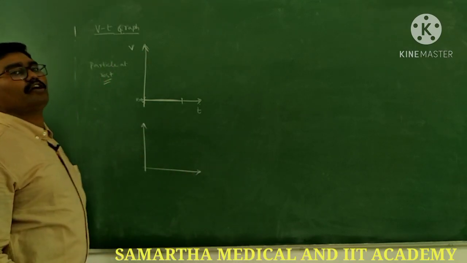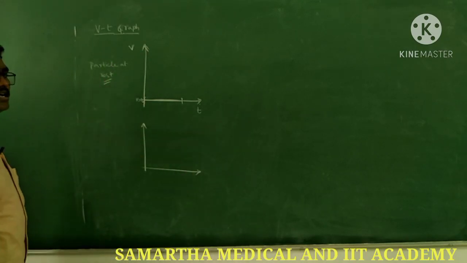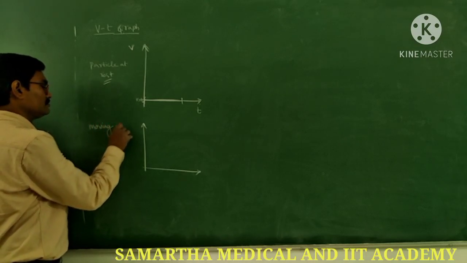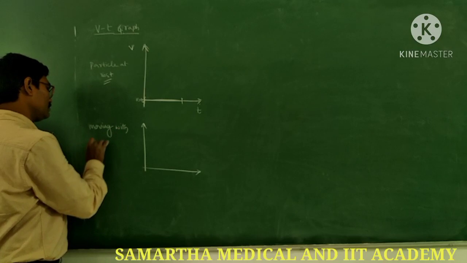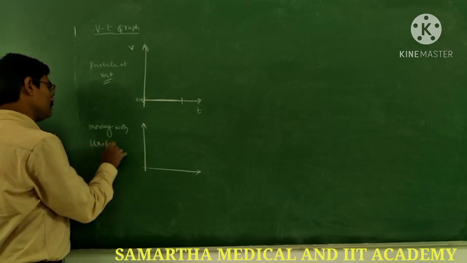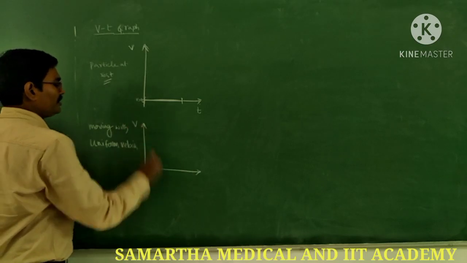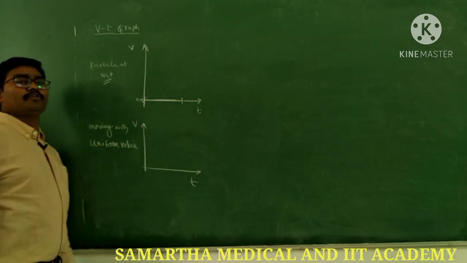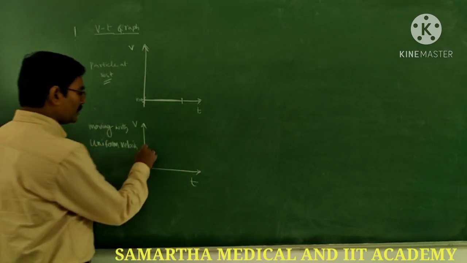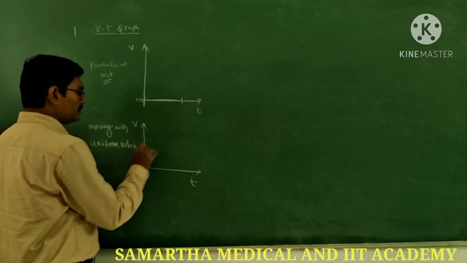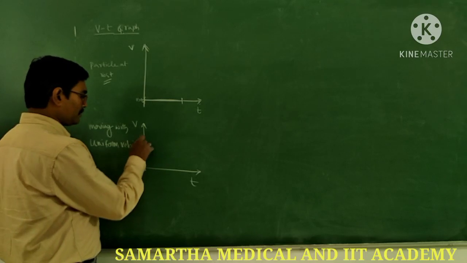Particle moving with uniform velocity. Uniform velocity means some particular value will be there: 0, 1 meter per second, 2 meter per second, 3 meter per second, like that.